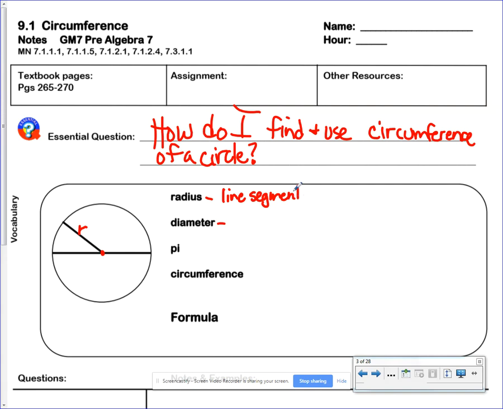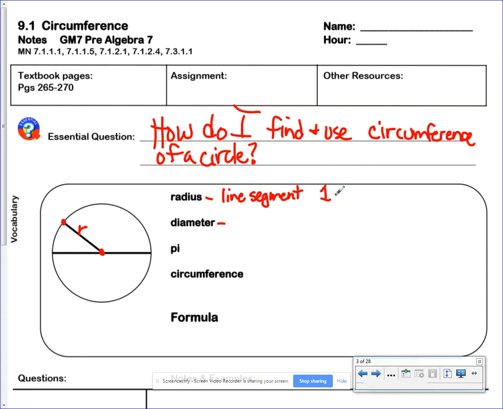Now, technically, a line goes on forever and ever in eternity, but a line segment starts and stops with things called endpoints. So when I look at this radius, here's what I'm going to tell you. It's a line segment.